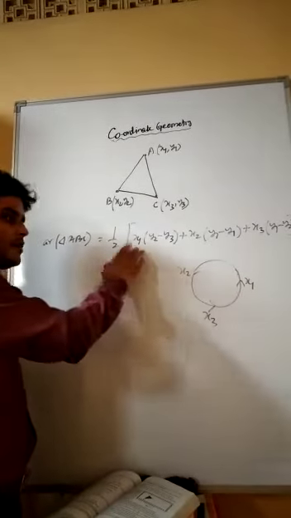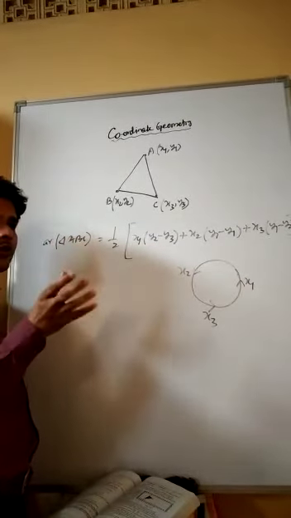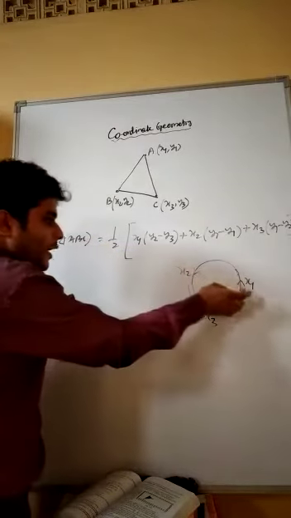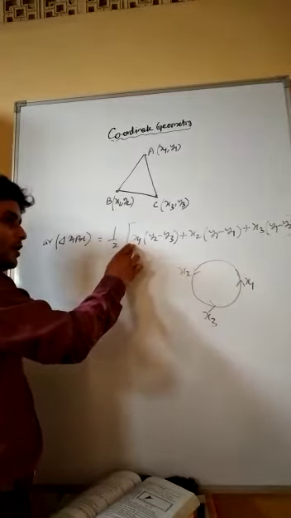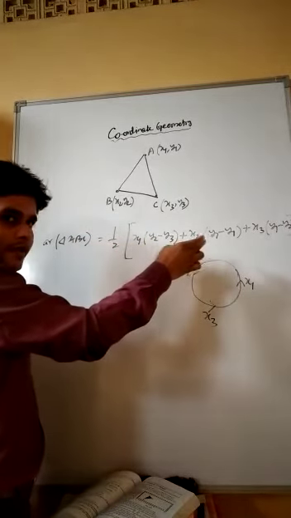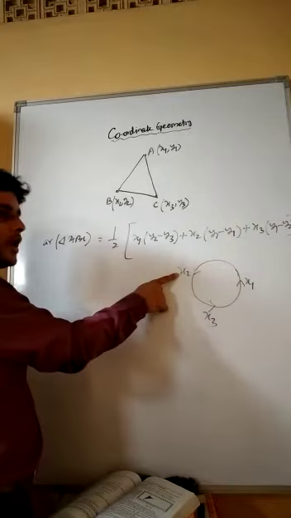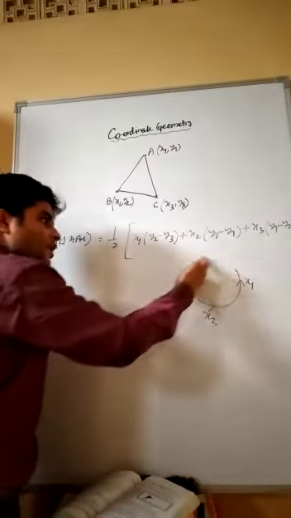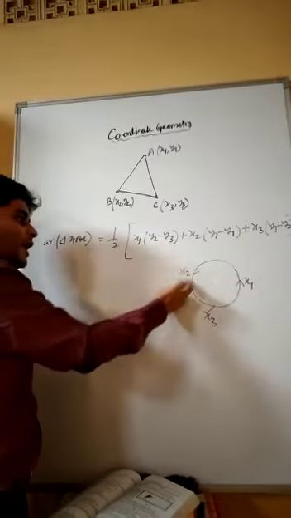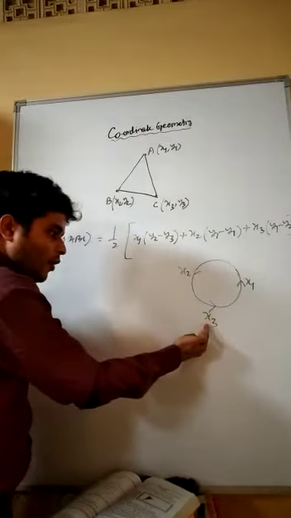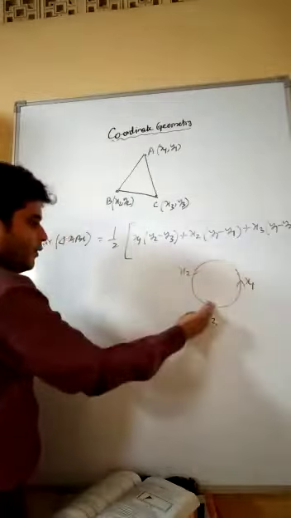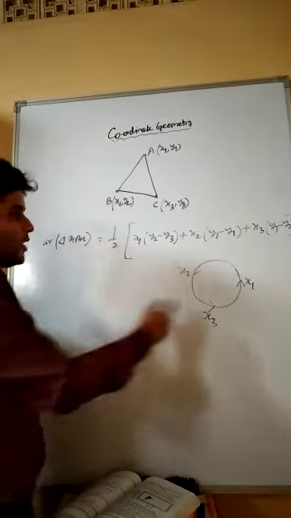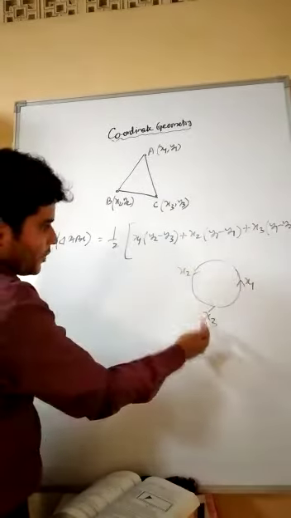If you write x1, then inside the bracket is the difference between two ordinates. Which two ordinates will come? You have already written x1, so it will be 2 and 3: this will be y2 minus y3. And again you have to go this way, anti-clockwise. If you write x2, then it will be y3 minus y1. If you write x3, then y1 minus y2. Actually, 1 is followed by 2, 2 is followed by 3, 3 is followed by 1.